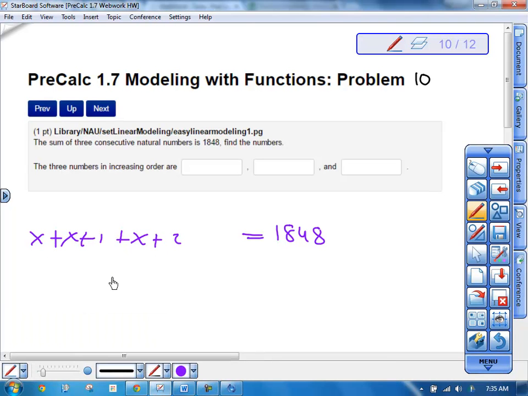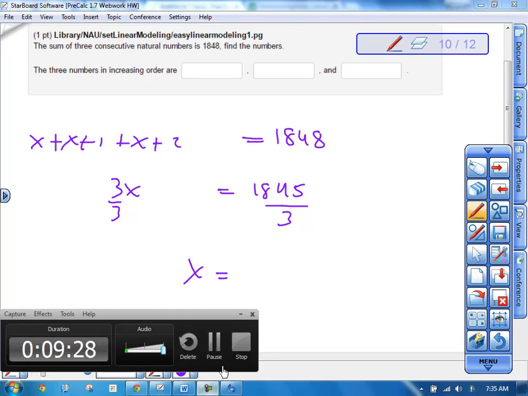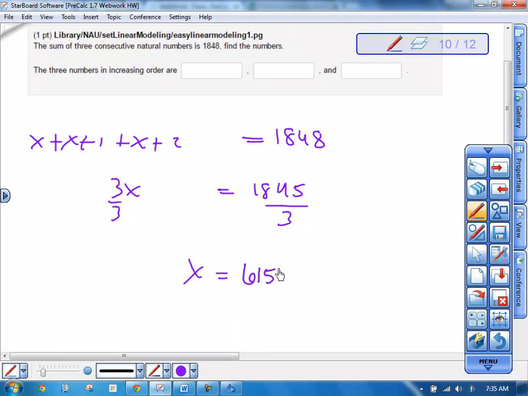So I'm going to add the 3 x's together, and then add 1 and 2 to make 3, and solve this simple equation. Subtract 3, that gives you 1845. Divide by 3, and you get x equals 615 is the first number, and then obviously 616 and 617.